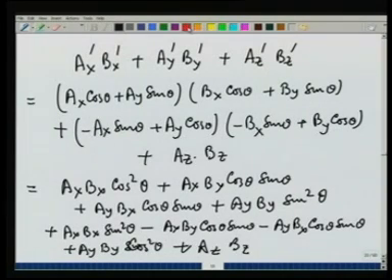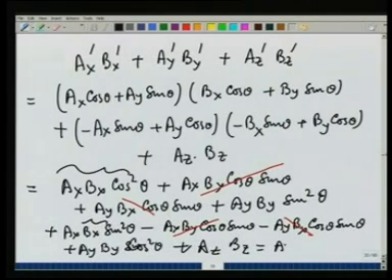Now, you see this term cancels with this term, and ax bx cosine square theta plus ax bx sine square theta gives me ax bx. Similarly, ay by sine square theta plus ay by cosine square theta gives me ay by, plus the last term is az bz.